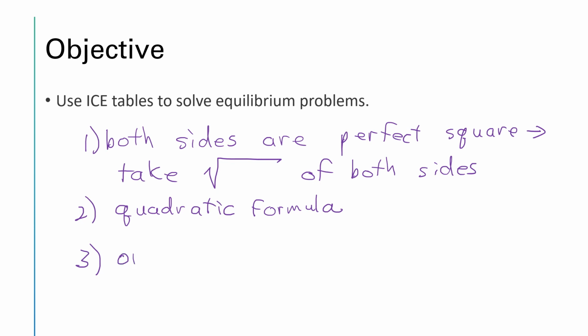So you just always want to make sure that you're omitting pure liquids and pure solids from your K expression, and that usually simplifies your K expression down quite a bit and avoids the quadratic formula.